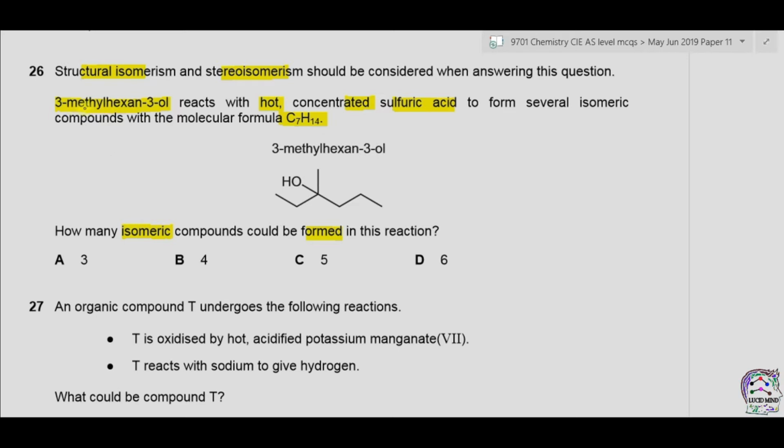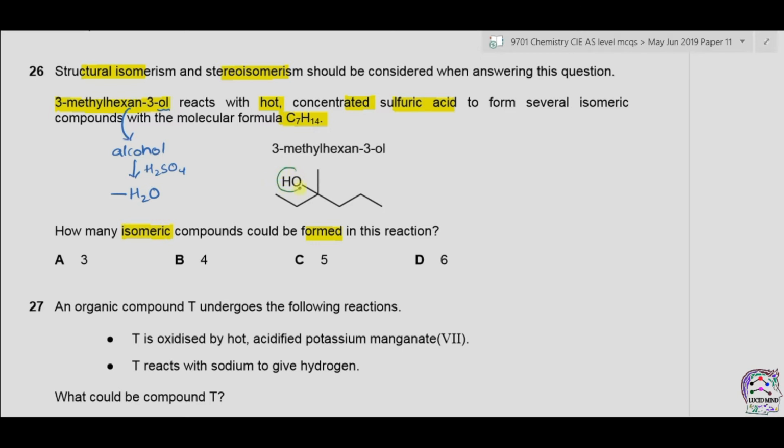In the reactants we have 3-methylhexane-3-ol, as this ends in ol, it is an alcohol. And now we know that when hot concentrated sulfuric acid is reacted with an alcohol, a water molecule is removed. So this is a dehydration reaction.